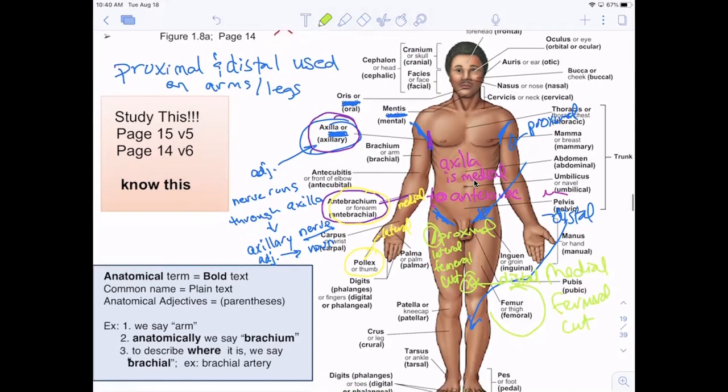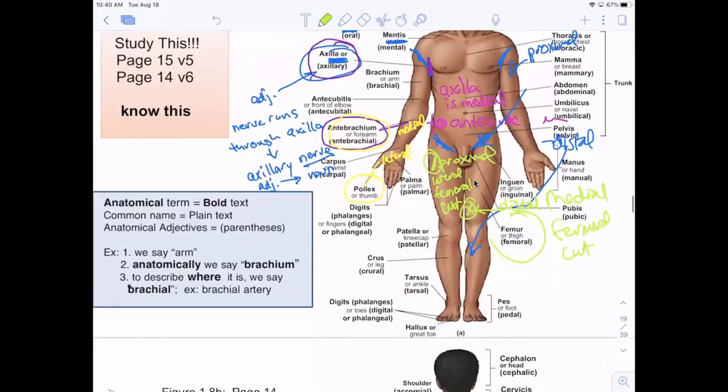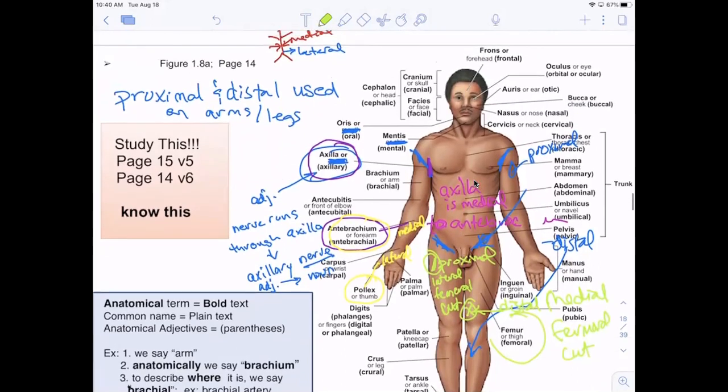So it's really important that you go through these anatomical names, right? Here, you have to, again, memorize that this is the frons as a noun or frontal area as an adjective. Your eye is your oculus, or the orbital or ocular area. Ear is your oris, or otic area.